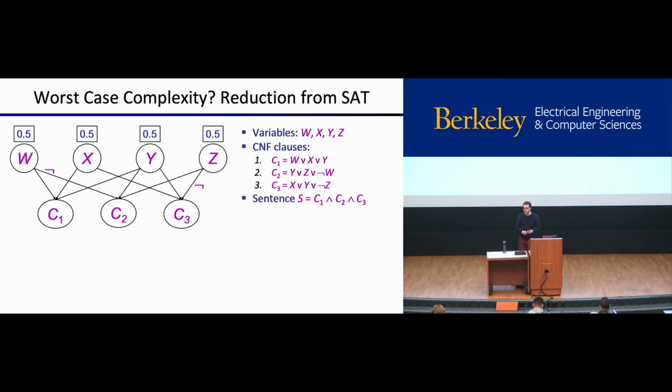And then we need a sentence. This is the thing that we want to know if it can be satisfied, right? In a SAT problem, we have a sentence. It's an and of a bunch of clauses. Each clause is an or of a bunch of propositions. Those can be positive or negative.